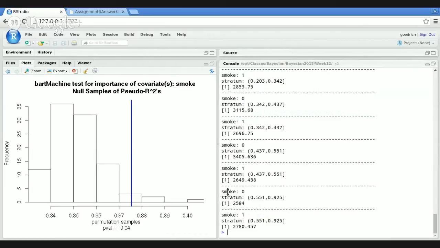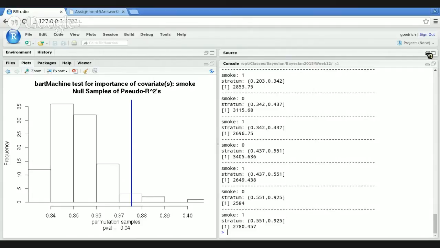So this right here is the stratum for probability of smoking between 0.551 and 0.925. And here is the stratum for 0.037 to 0.551. In any event, the birth weight of those babies was about, on average, 26. And the birth weight of the babies born to mothers that didn't smoke, the average was 3405.